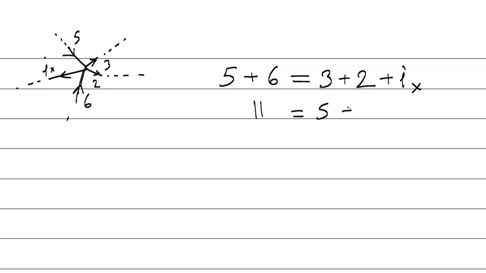What's IX? Entering currents, which are entering 5 plus 6, is equal to the summation of exitings, 5 plus IX. IX should be 6 amps. Okay.